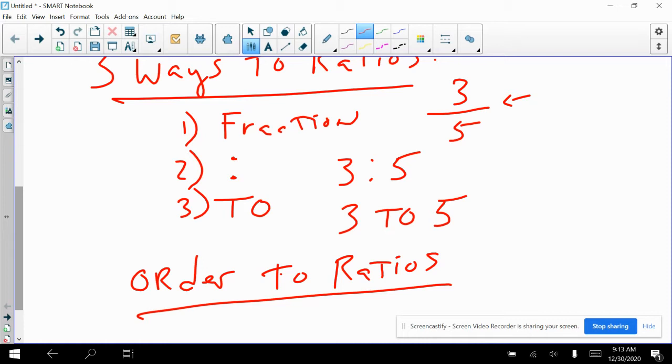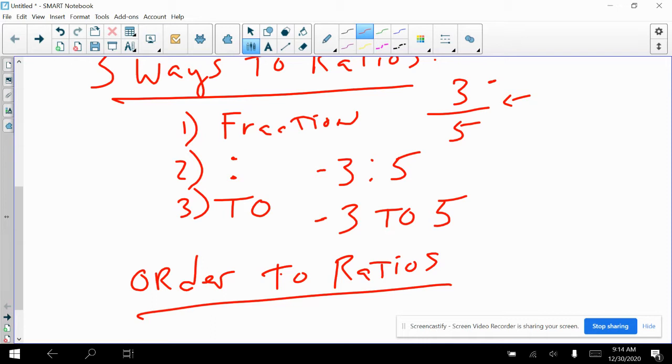Okay, well, this is very important when it comes to ratios. Whatever is first is first. It either goes on top of the fraction, in front of the colon, or in front of the word to. If you switch one of these and say 5 to 3, that is incorrect. Okay, based on the question that was given.